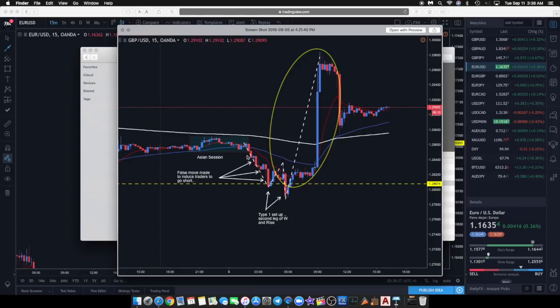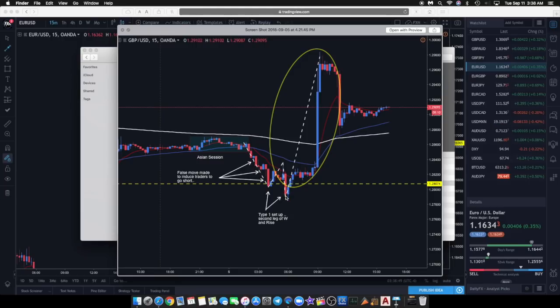Here's another one. So we have our Asian range, false move to the bottom, came back up, and this time, look at this one. This time, we actually went past the low on the first leg. This is done to induce more traders to go short on this.